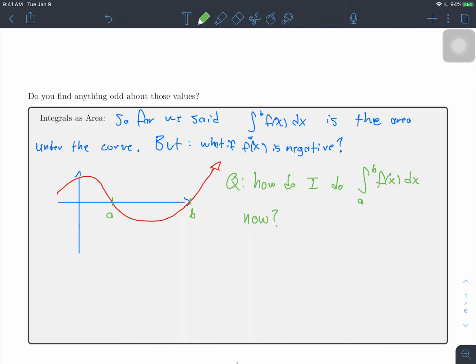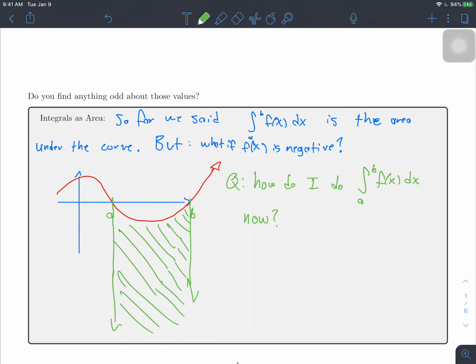Should we try to take all of this area down here, area under the curve? What's that going to get us if we do that? If we just take this rectangle here, which goes on and on forever, and we take its area, what are we going to get? Yeah, we'd get infinity. So this is not a good way of understanding the integral from a to b of this function. What could we do instead?